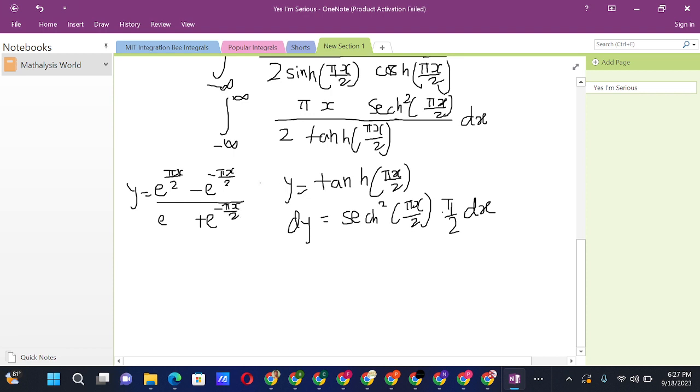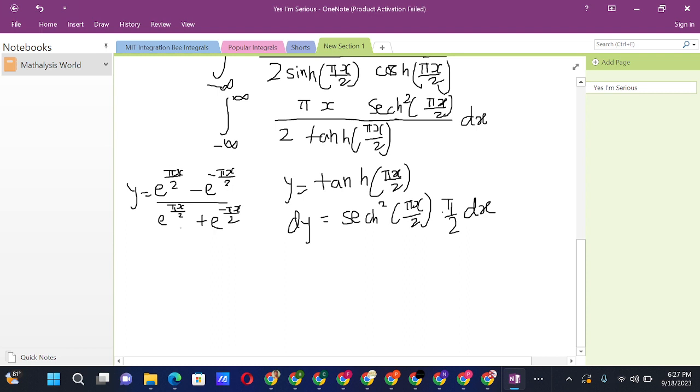So this will be it. Now when x goes to negative infinity, two of these terms will go to 0, and the other two terms will be just equal.